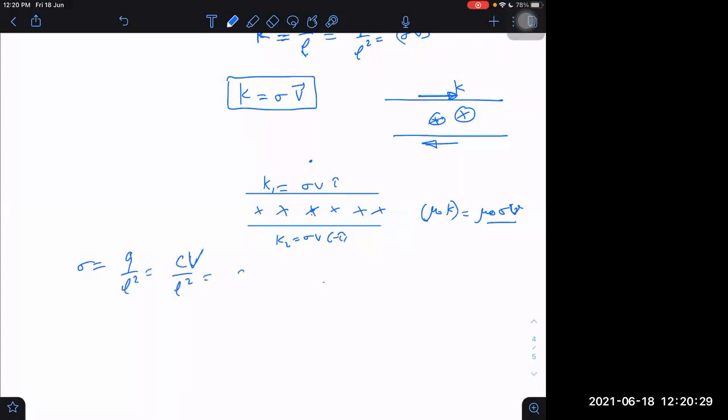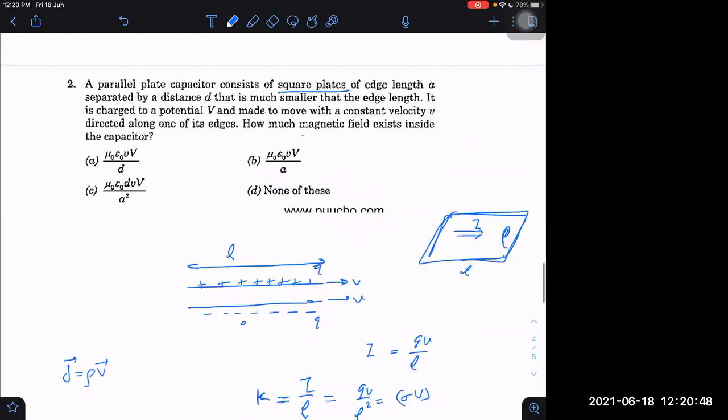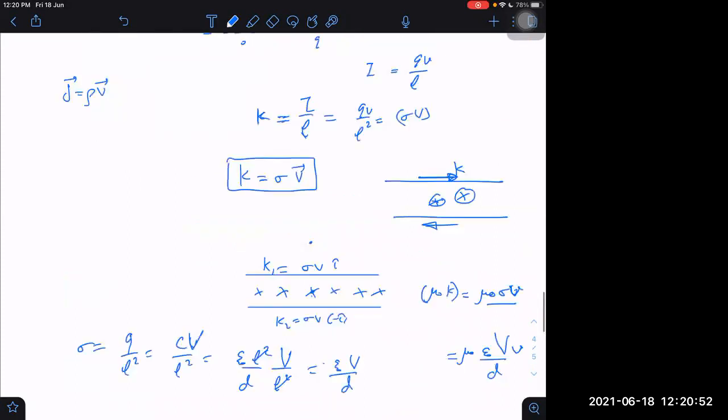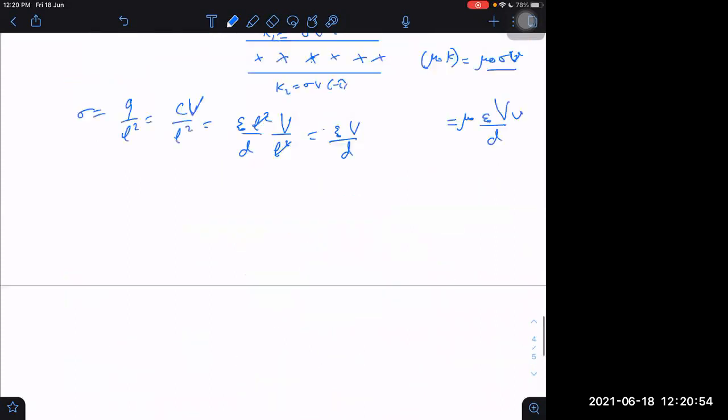C is equal to epsilon naught into area by d, into V by L squared. L squared cancelled. Epsilon naught into V by d. Then we are getting mu naught into epsilon naught into V into small v by d. What is the answer? That only. Yes sir, getting the answer. Okay. Next.